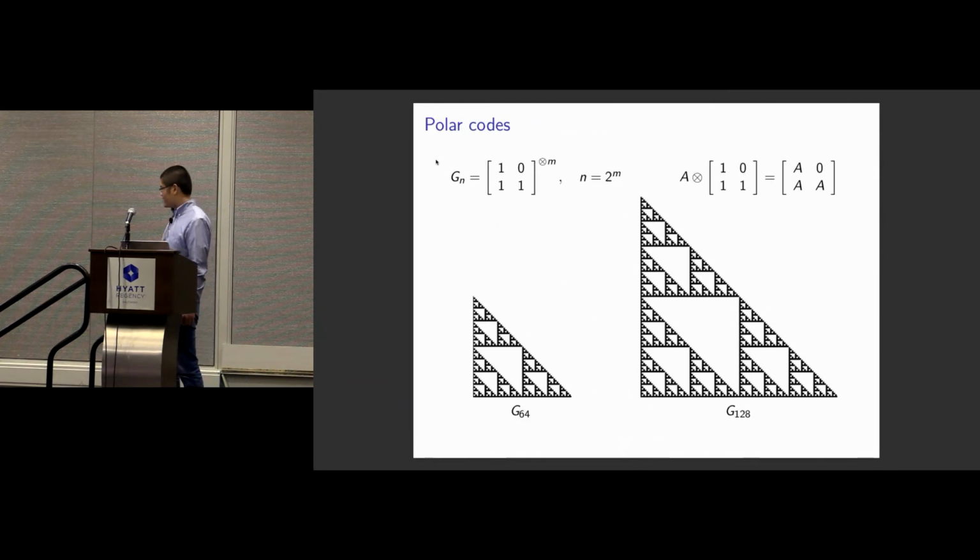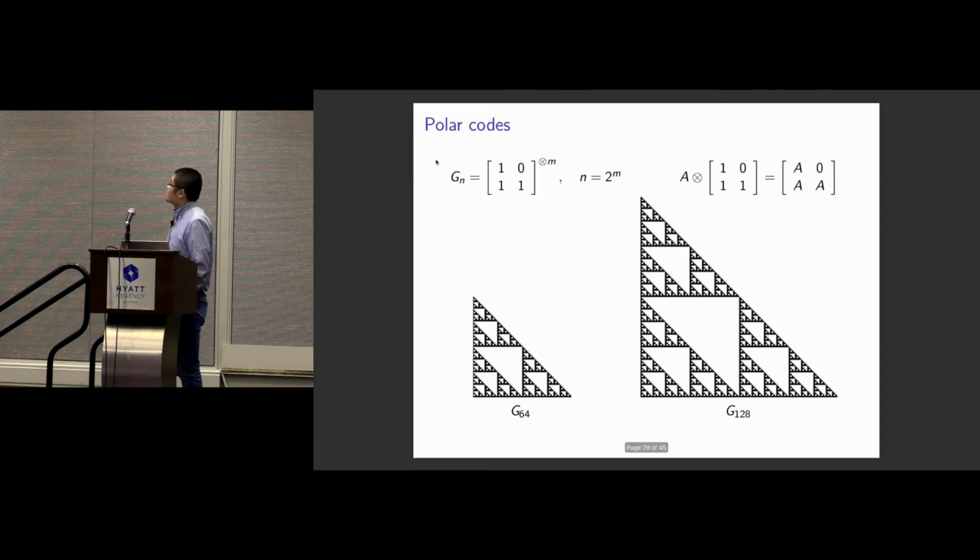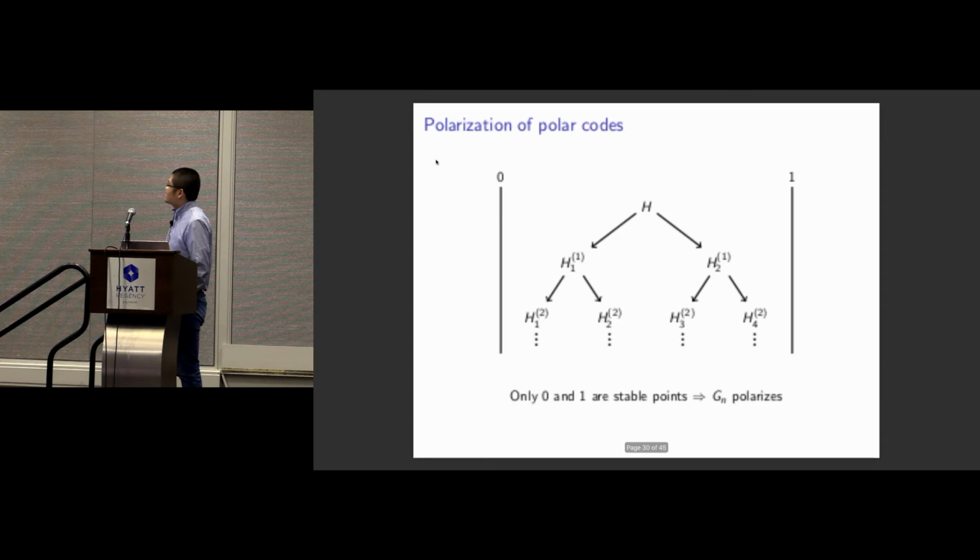Let me also very briefly explain why polar codes polarize. So here we start with this H. This is basically the conditional entropy of X given Y. This is basically 1 minus the capacity of the original channel. And then you see we have a parameter m here.